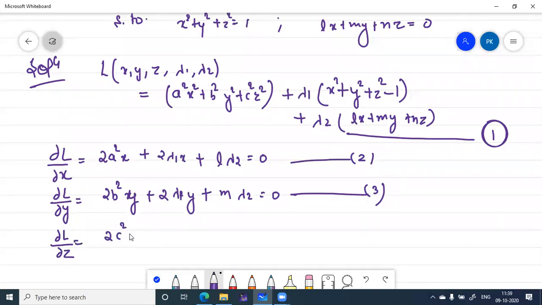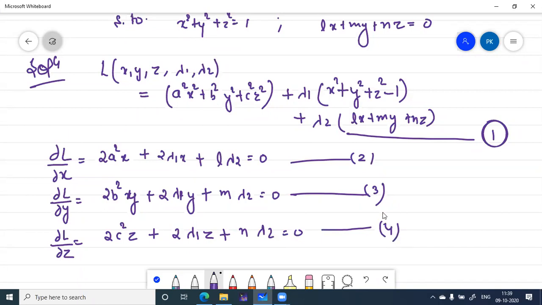And 2c square z plus 2 lambda 1 z plus n lambda 2 equated to 0.